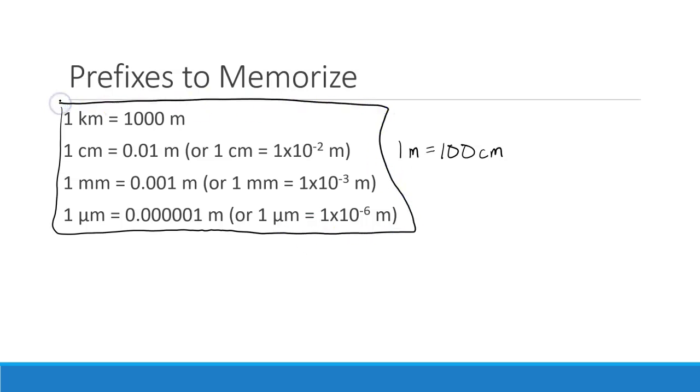And it's up to you whether you would rather look at them in the standard notation, which is the first part, or if you would rather use the scientific notation, which is in parentheses next to it. Okay, so you decide, but please memorize these 4.